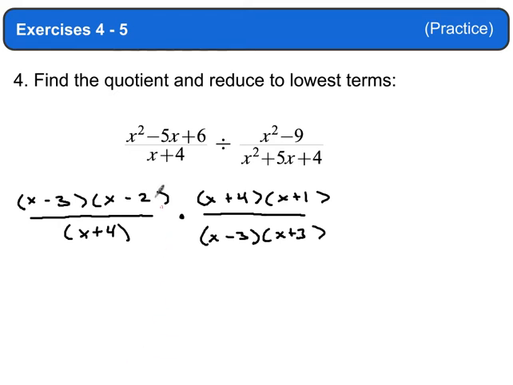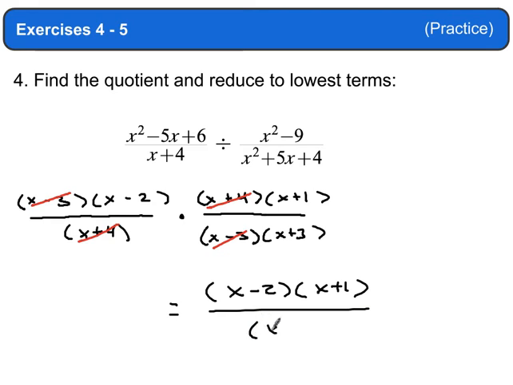So now I can see what I can cancel. This x minus 3 can cancel with this x minus 3. This x plus 4 can cancel with this x plus 4. And so then my final answer is x minus 2 times x plus 1, and that's going to be over x plus 3. So that's exercise number 4.